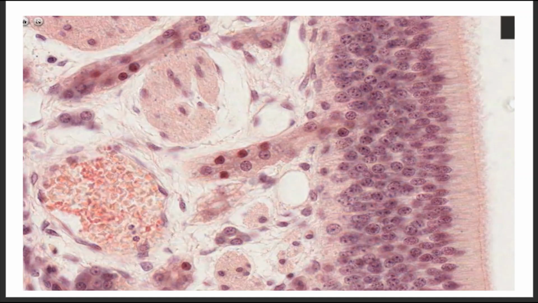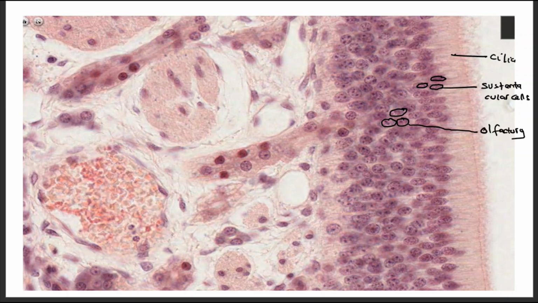So this is how it appears at high power. Now look at this. This one here is a cilia. The nuclei that you see in the apicalmost part are the nuclei of the sustentacular cells. The nuclei in the middle here are the nuclei of the olfactory cells.